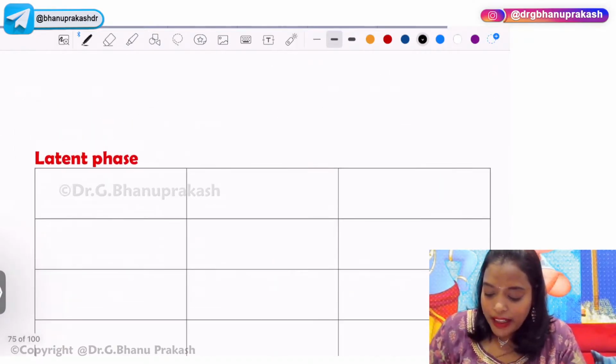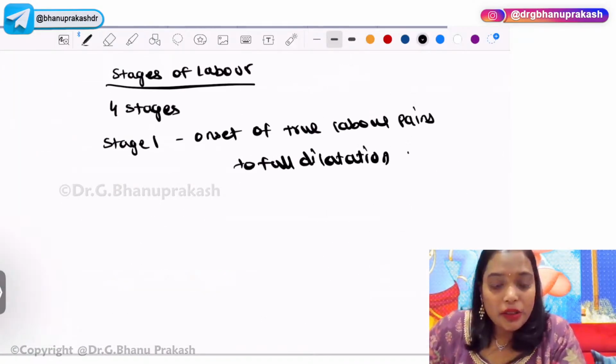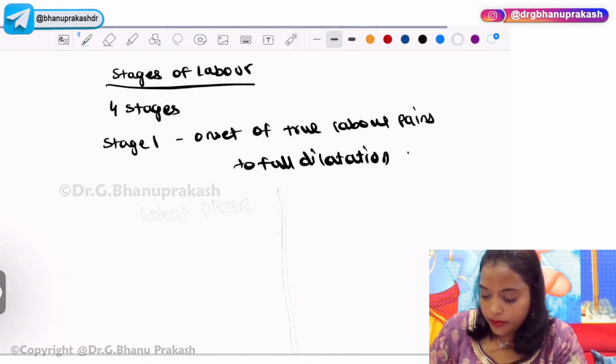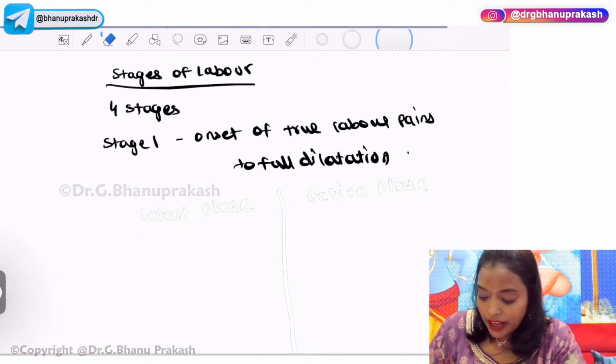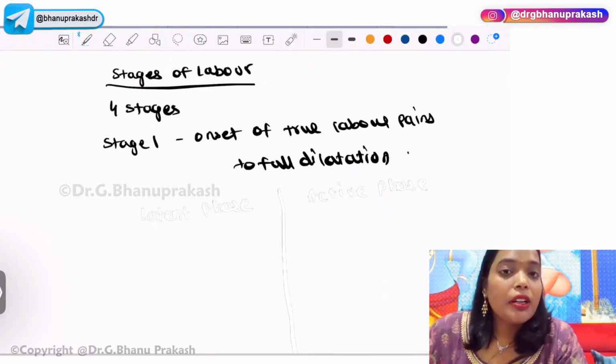So starting with the first stage. The first stage is further divided into latent phase and active phase. Latent phase was, as per the old WHO Partogram, but you also now know that the WHO Partogram is outdated.